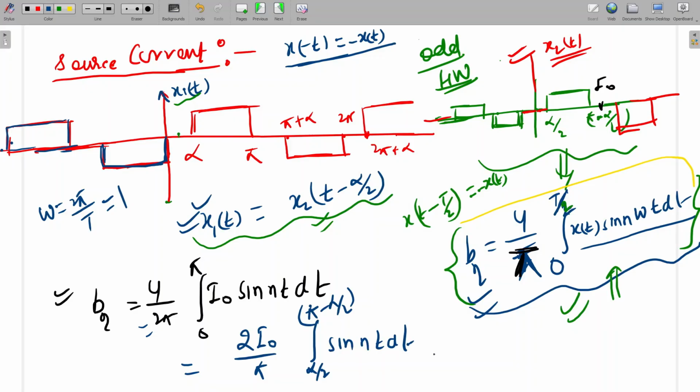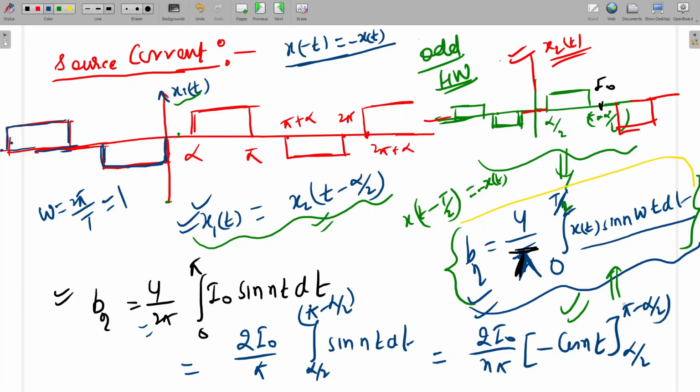Okay, so this will be 2 I naught upon n pi, times minus cos nt, from alpha by 2 to pi minus alpha by 2. So this will be the value of the bn.